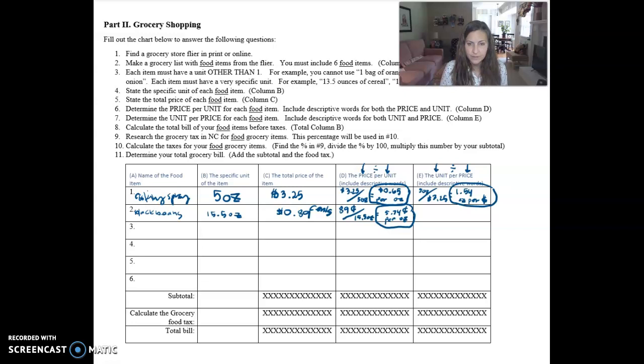And then the reverse is true for the other one. You're going to do 15.5 ounces first, and we're going to divide that by 0.89, because remember, it's cents. And the answer there is 17.42 ounces per dollar.